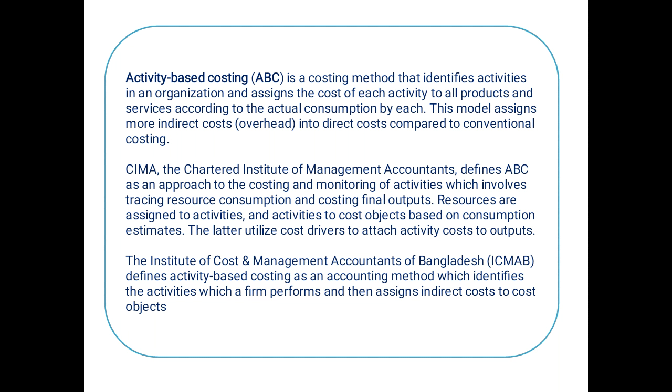Then we identify what costs are incurred for each activity. That cost you can ascertain, and according to that we can find out the final cost incurred for that product or services. This model assigns more indirect cost into direct costs compared to conventional costing.